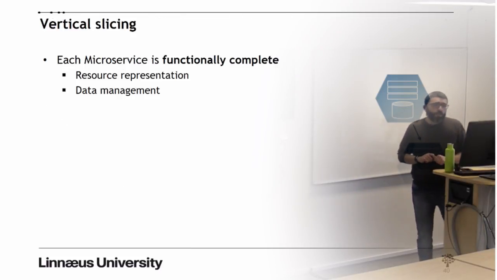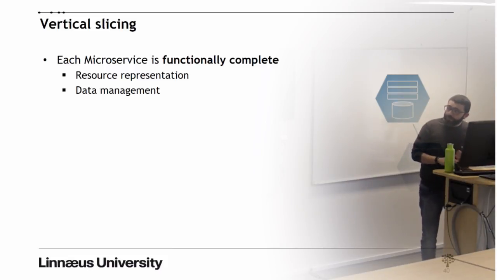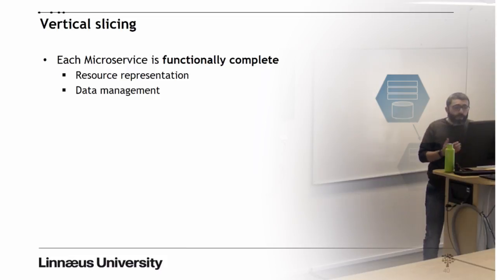Vertical slicing means that every microservice is complete. It will provide resource representation, which means the interaction and the data management. Every single service has its own database. For example, you don't have a shared database, a database which is shared by many different services.